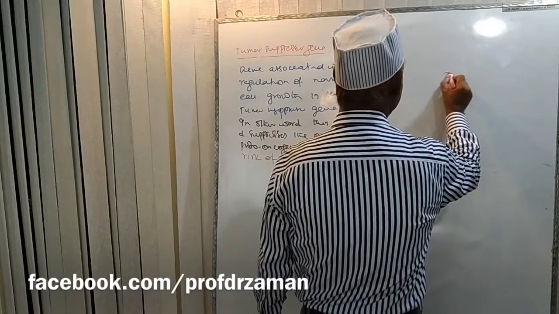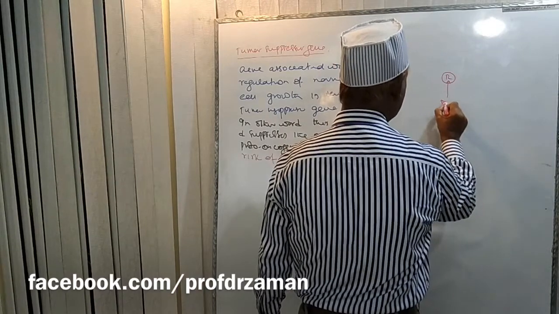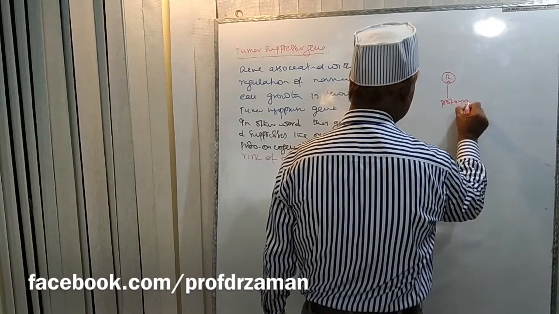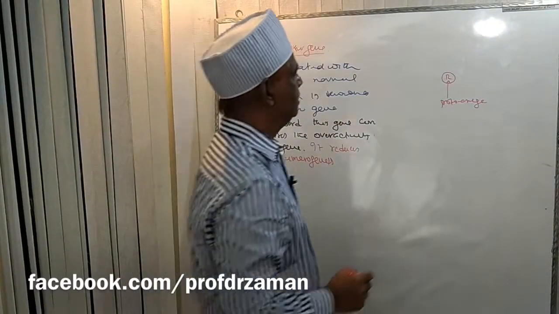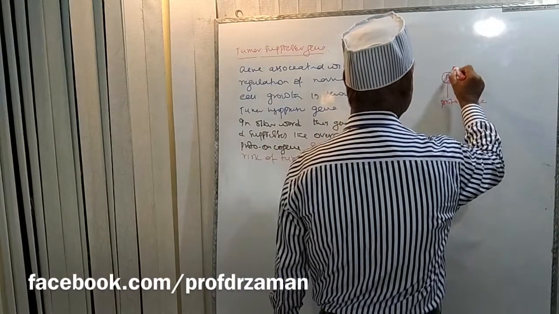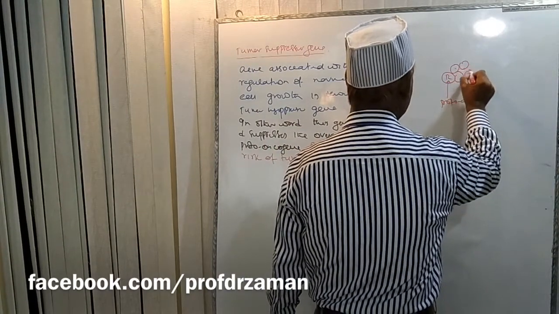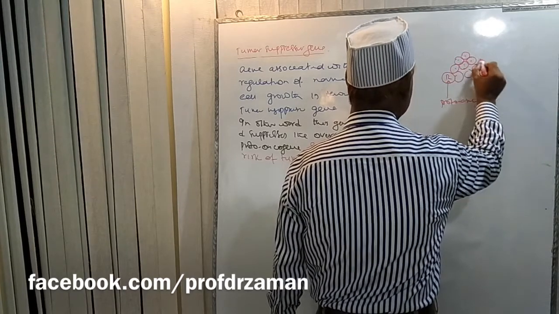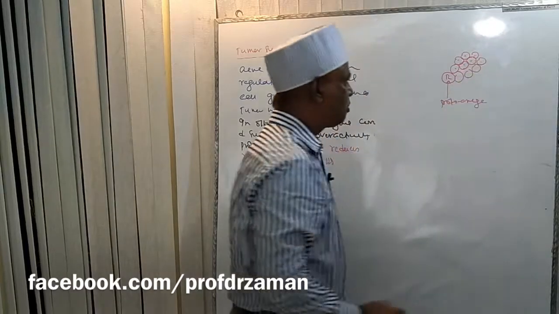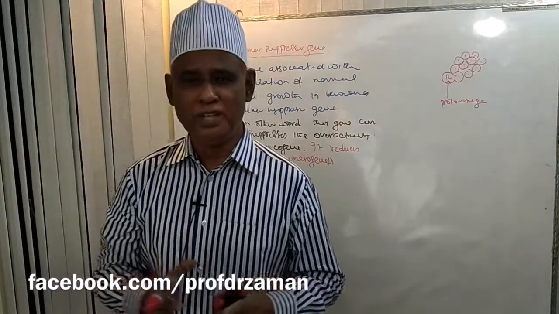Proto-oncogene is associated with the multiplication of this cell and there is formation of new cells. This Proto-oncogene is controlled by tumor suppressor gene.